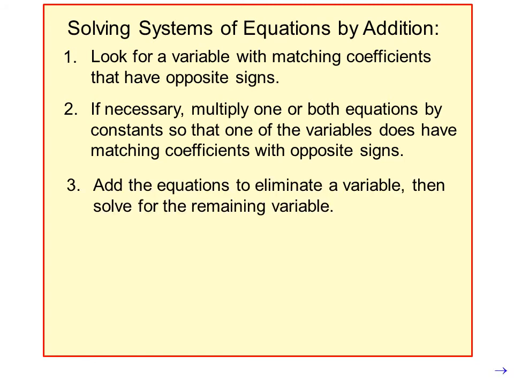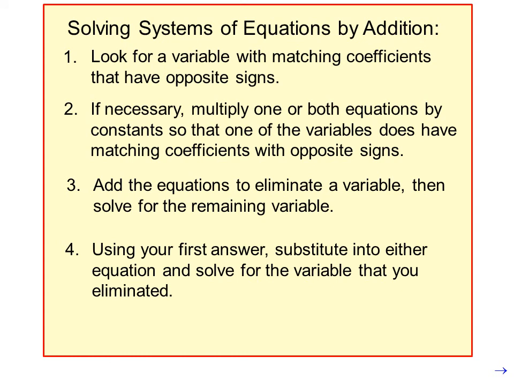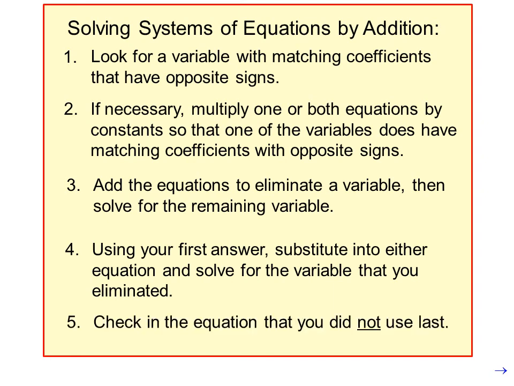Add the equations to eliminate a variable, then solve for the remaining variable. 4. Using your first answer, substitute into either equation and solve for the variable that you eliminated. And finally, step 5, check in the equation that you did not use last.